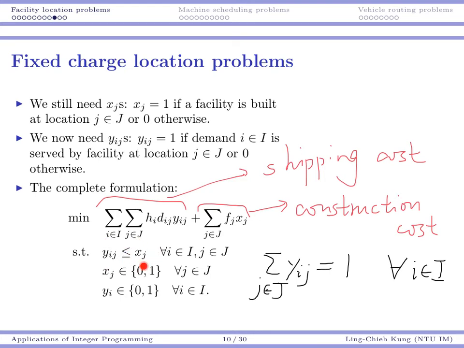So if Xj is 0, Yij must be 0, because facility J is not built, so facility J cannot serve demand I. If Xj is 1, then you are allowed to do that, and then you decide whether you want to do that or not according to the distances.